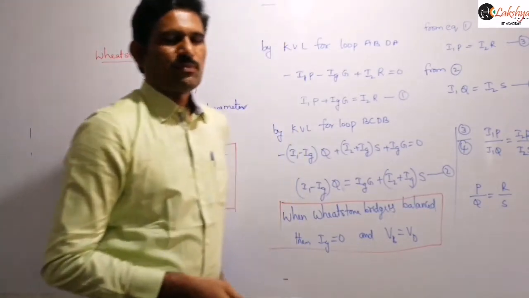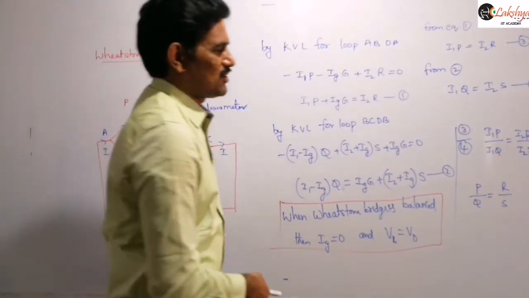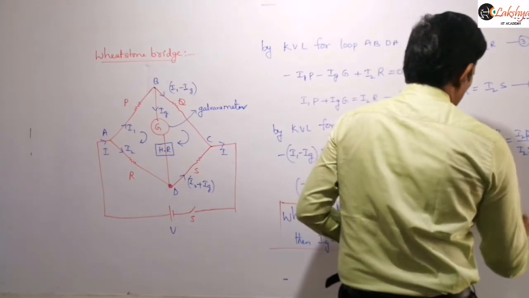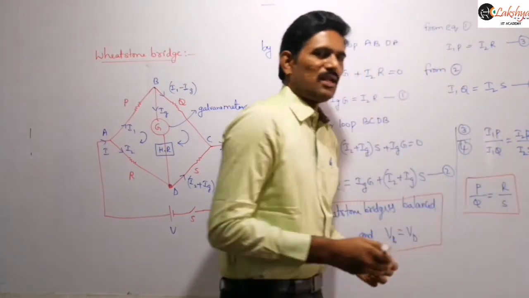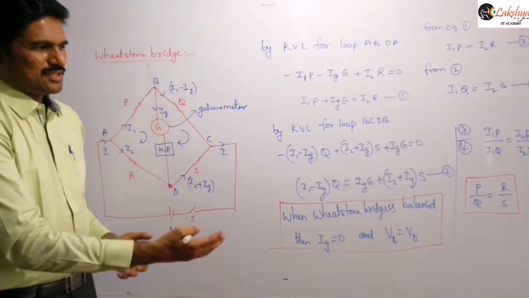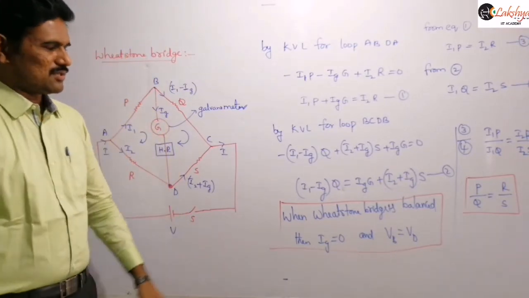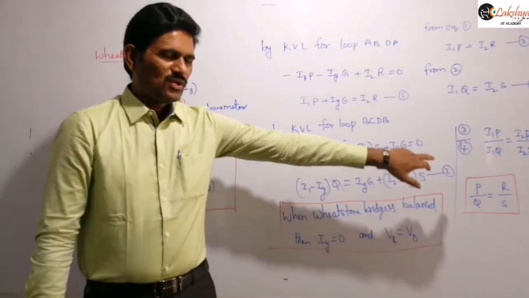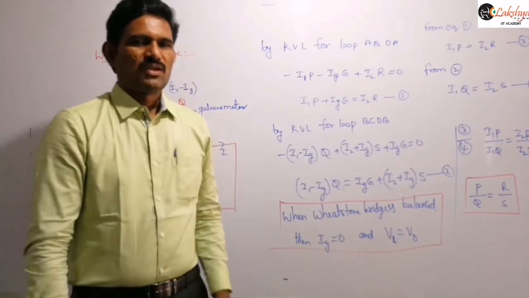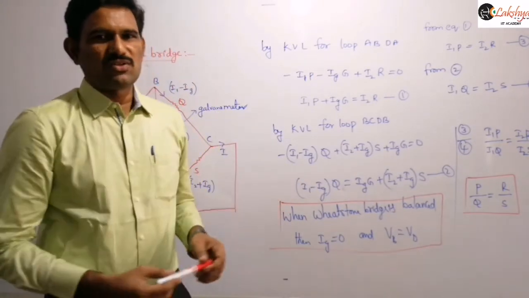So that is the most important condition here: P by Q is equal to R by S. That means when this condition is satisfied, then you can say that the bridge is in balanced condition. It is like an if and only if condition here. If this Ig value is 0, then definitely that ratio will be satisfied, P by Q is equal to R by S. That is the balancing condition for the Wheatstone bridge.